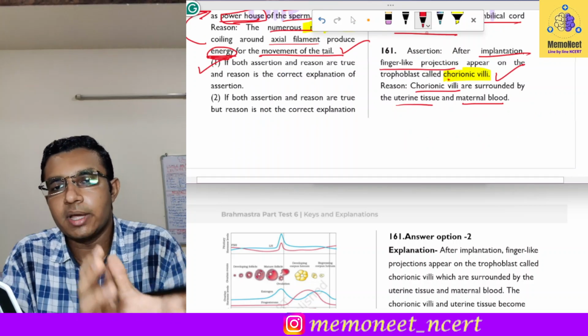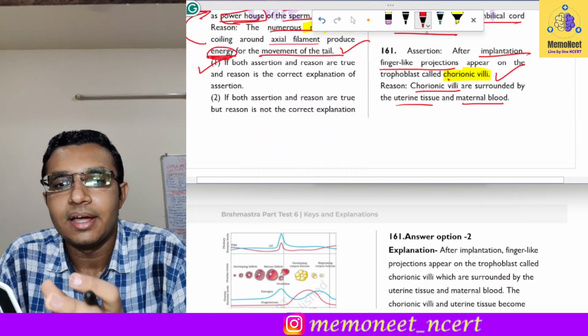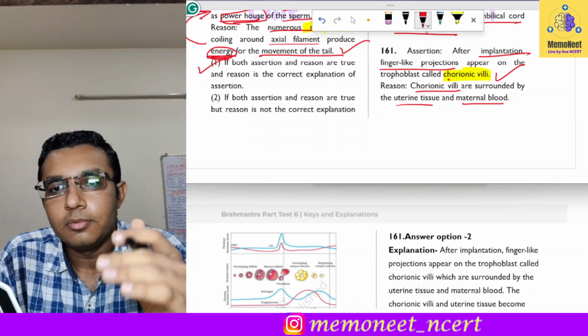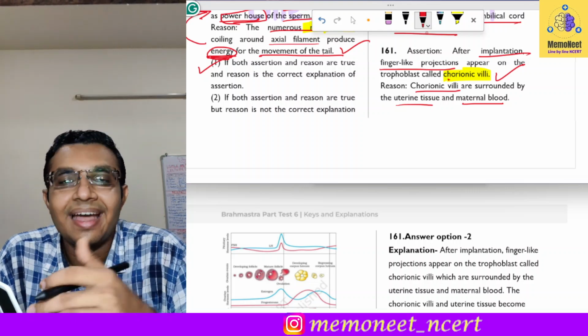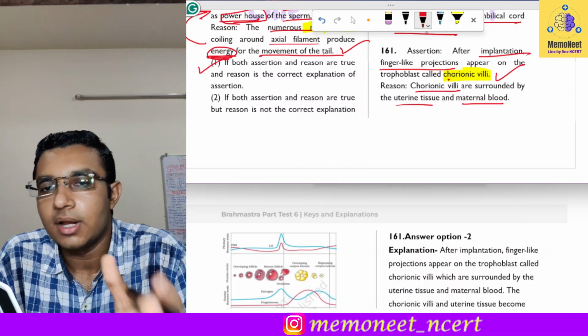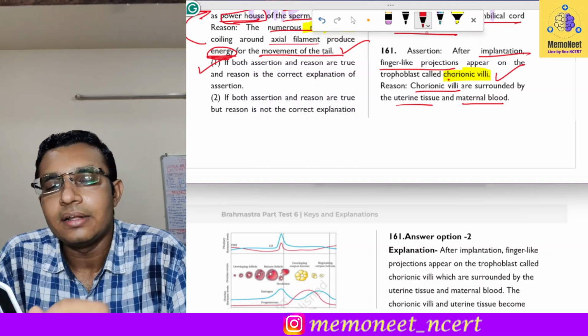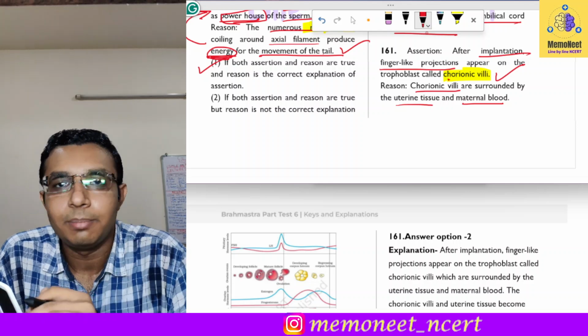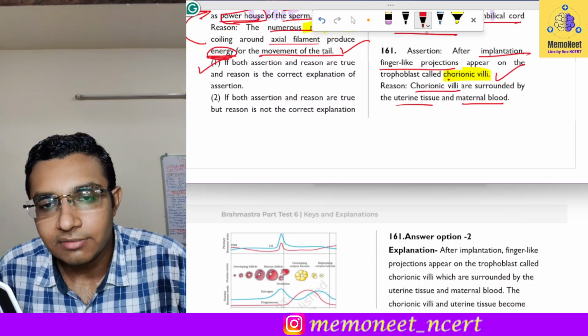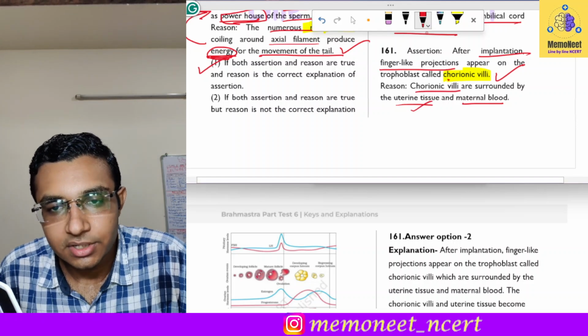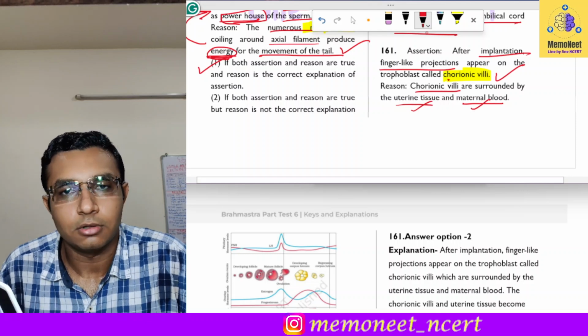So what happens after implantation is that on the trophoblast layer numerous finger like projections appear, and these finger like projections are called as the chorionic villi, and these chorionic villi further form the placenta, and these chorionic villi are surrounded by the uterine tissue also and the maternal blood also.